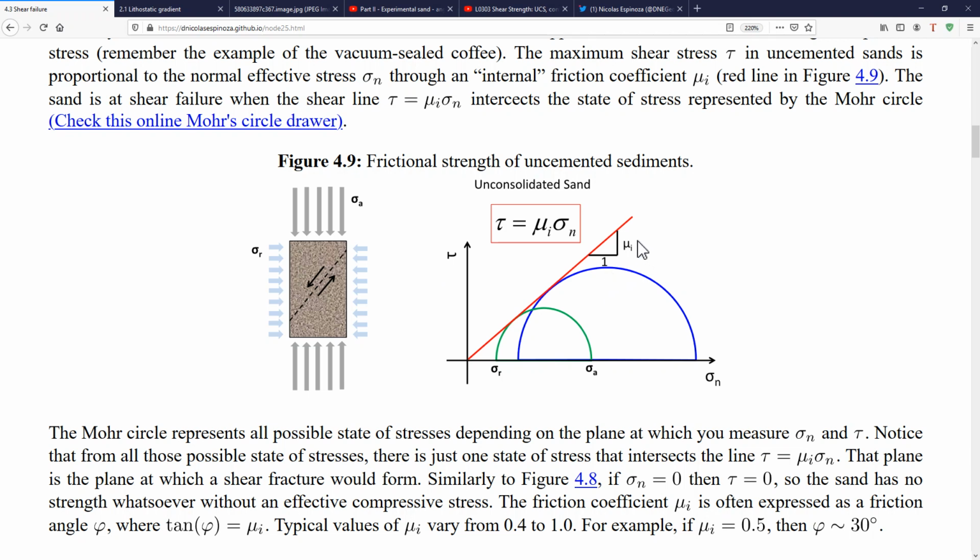The friction coefficient that we get out of these uncemented sediments is a function of the properties of the grains, and usually in rock mechanics we quantify this through the friction coefficient itself, but in other fields it's also referred to in terms of the friction angle, and the friction angle is just going to be this angle over here, where the tangent of the angle is the friction coefficient.